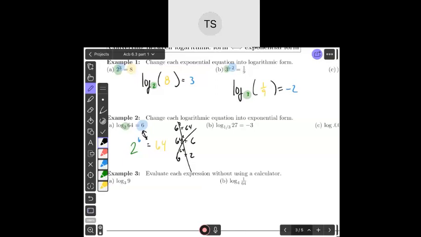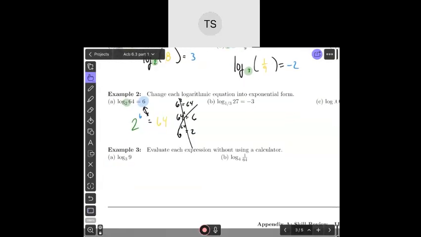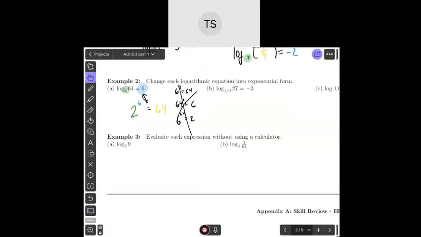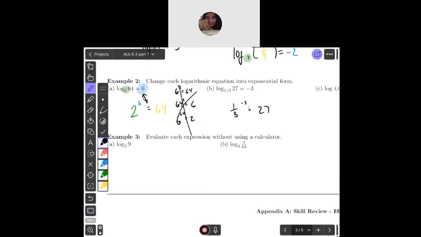What you got, Maddie? Isn't it 1/3, and then the exponent would be negative 3 equals 27? Okay. I think what we need to add is parentheses here just because it's a 1/3.